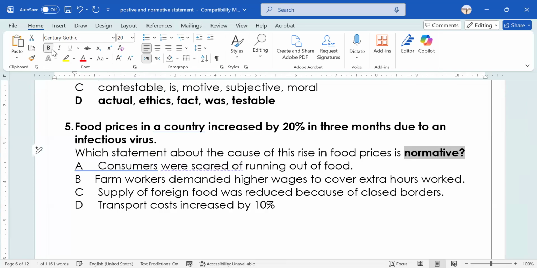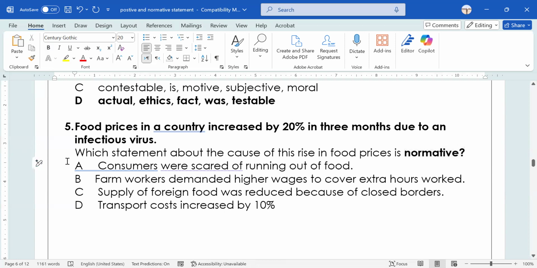So you have here an increase of 20% in 3 months because of a virus. Which one is normative? The answer here is, let's see, letter A.